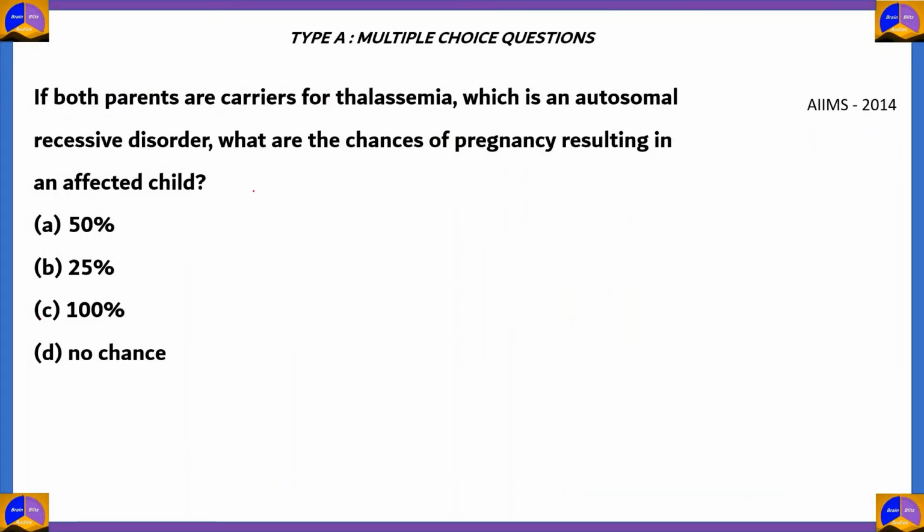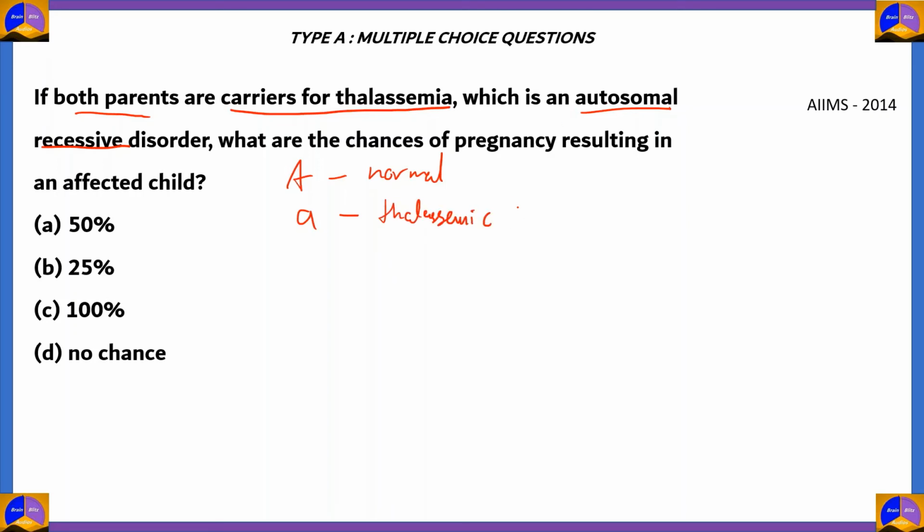Next question. If both parents are carriers for thalassemia, which is an autosomal recessive disorder, what are the chances of pregnancy resulting in an affected child? So let A be normal autosome, and let small a be thalassemic autosome.